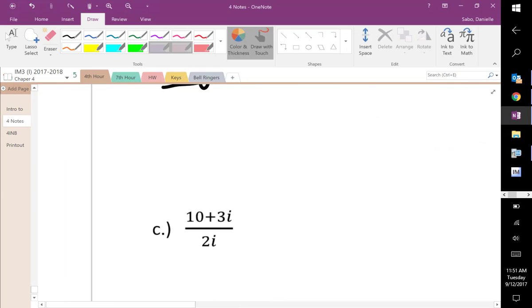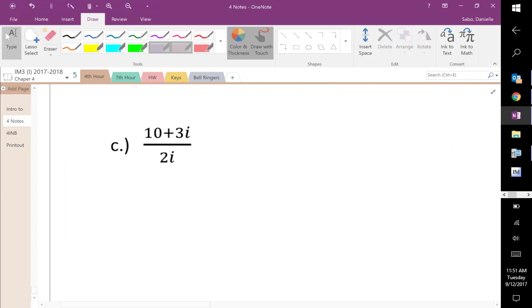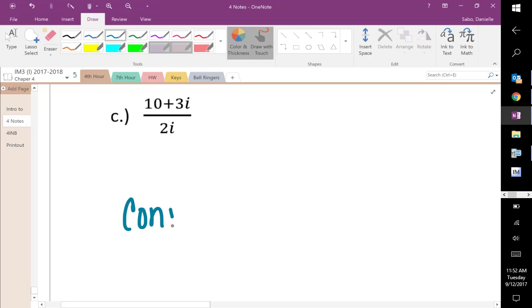Let's look at this one really quick. This is a little different. The conjugate, you don't have to change the sign for this one. Your goal when you use complex conjugates is to get rid of the i. The only way to get rid of an i is to have an i squared. What's going to make this i squared? An i.